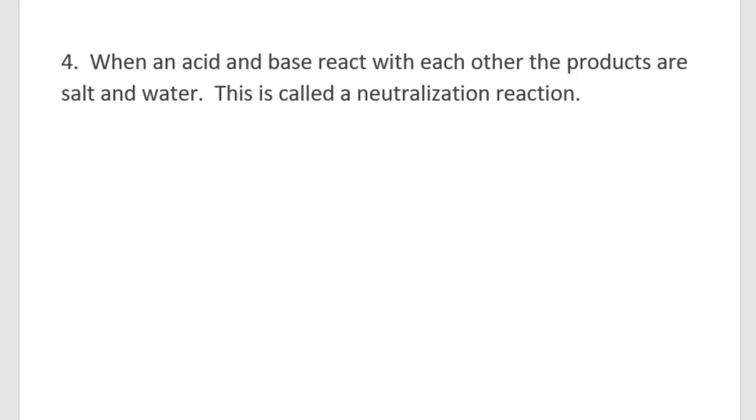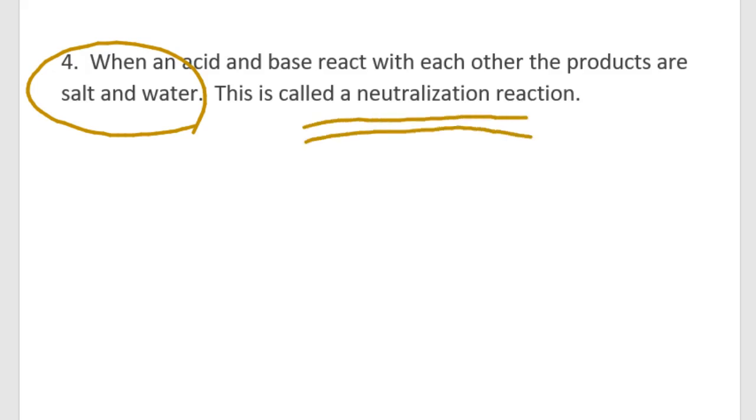For number 4, we're looking at the fact that an acid and a base are going to react with each other. Products are salt and water. This is what's called a neutralization reaction. So neutralization means an acid neutralizes a base and a base neutralizes an acid. This is also a double replacement reaction. Two compounds on the left, two compounds on the right.